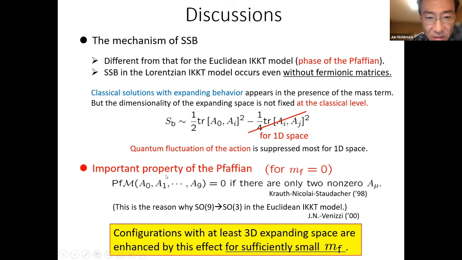So this property of the Pfaffian suggests that configurations with at least 3D expanding space are enhanced by this effect for sufficiently small MF. And now we are trying to see whether this is true or not by simulating the model at smaller MF. Okay, thank you very much.